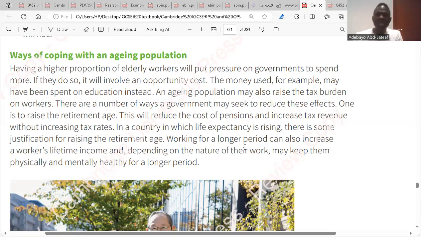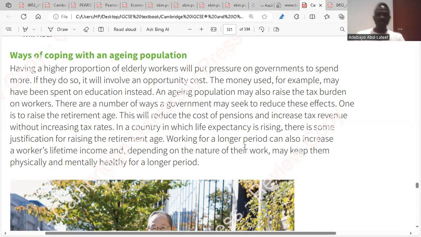In a country in which life expectancy is rising, there is some justification for raising the retirement age. When you are raising the retirement age in a country with high life expectancy, it means their health is fine, so they could still work longer.